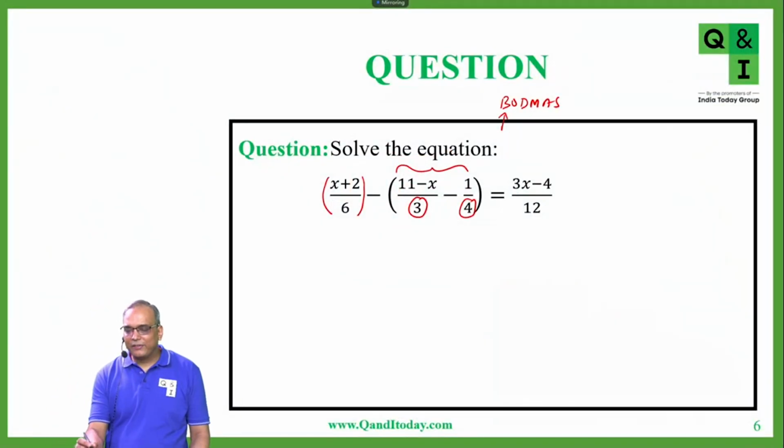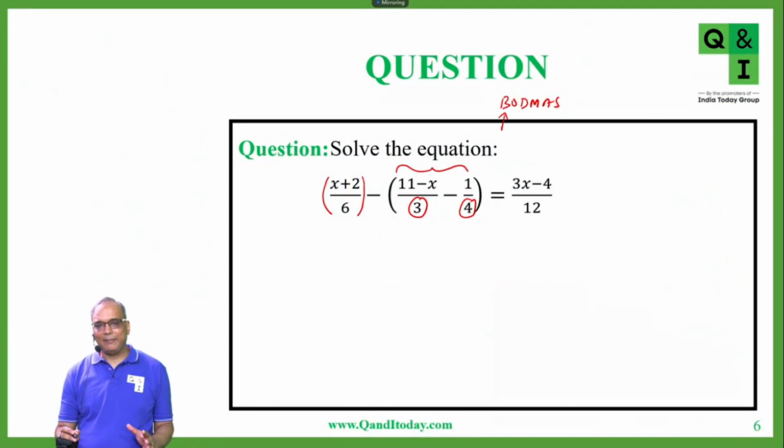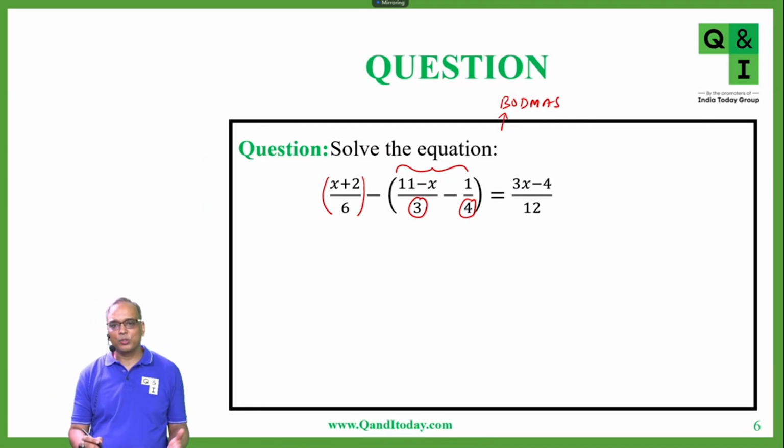So those who have started solving it, I'll do it step by step. You can check your answers if you are doing it correct, and you can keep on proceeding ahead.